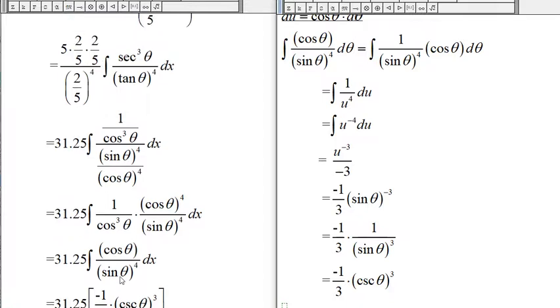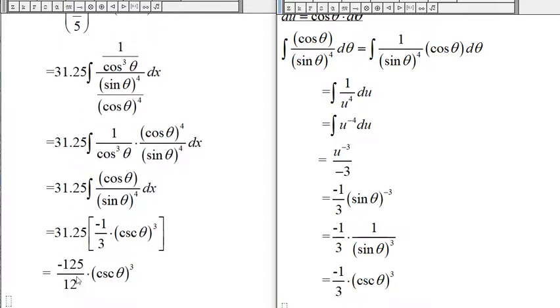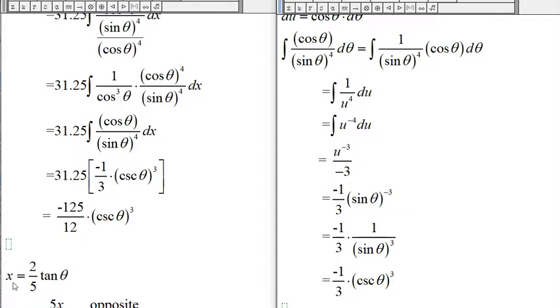But the original integral is in terms of x, so we need to rewrite this in terms of x. Earlier we had x is equal to 2/5 times tangent of theta. And so again, multiply both sides by 5/2.